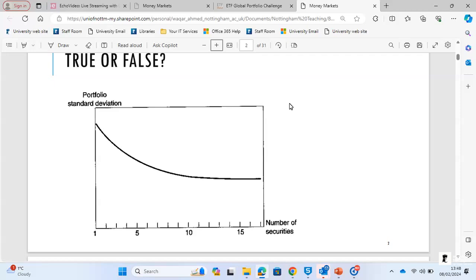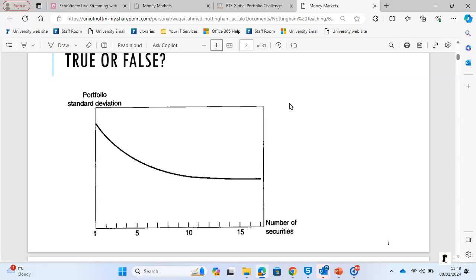So the risk is definitely reduced. What does diverse mean here? Different kinds of stocks, firms in different industries. Yeah, you can have different stocks in different industries. The question is, why isn't the risk adding up?